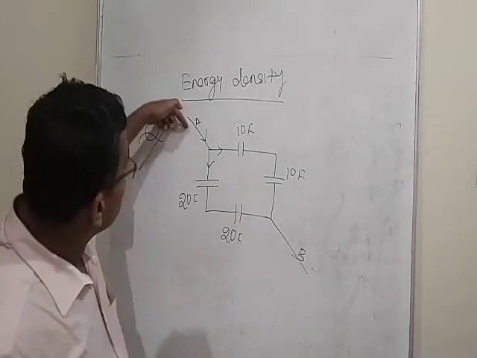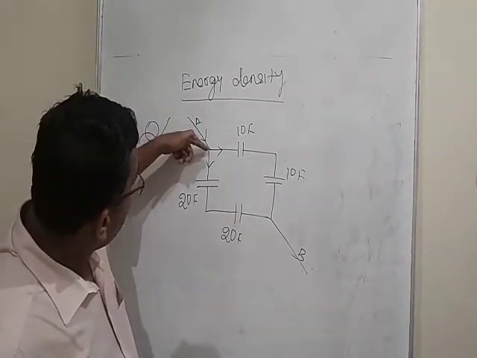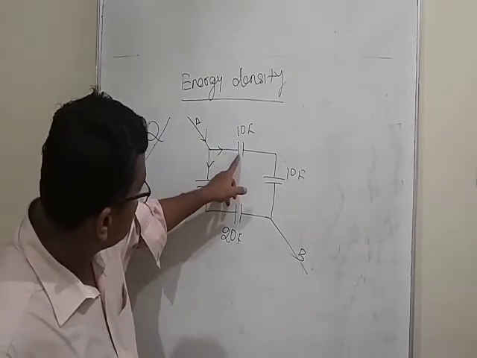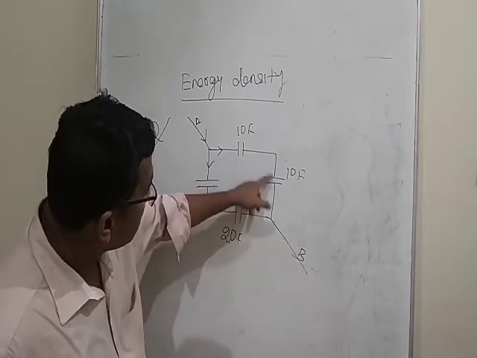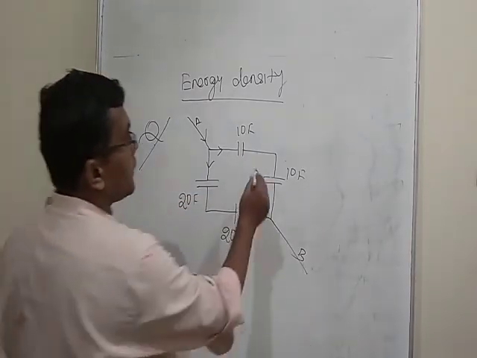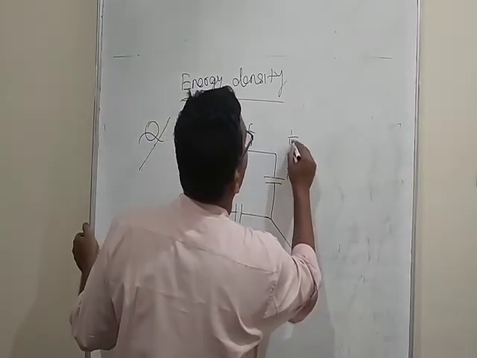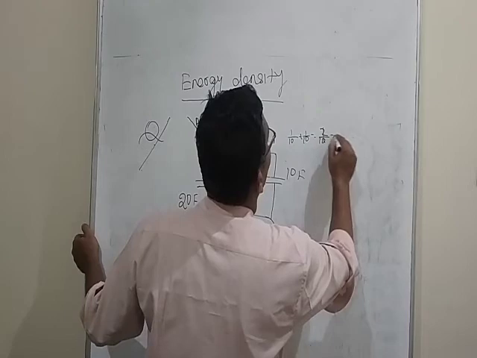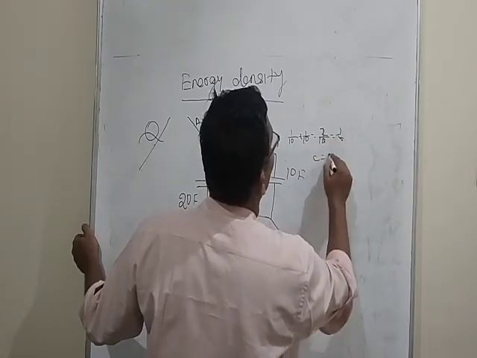Now the total circuit goes through at point A. The 10 and 10 are in series. Now 1 by 10 plus 1 by 10 is equal to 2 by 10 is equal to 1 by 5, C is equal to 5.